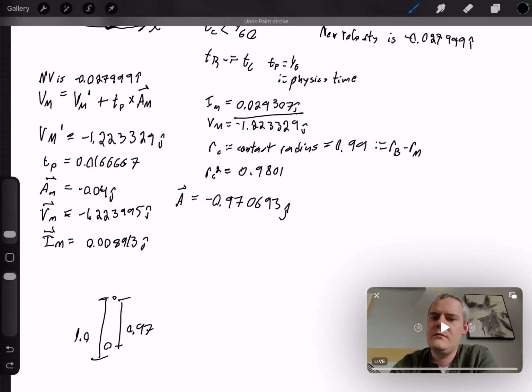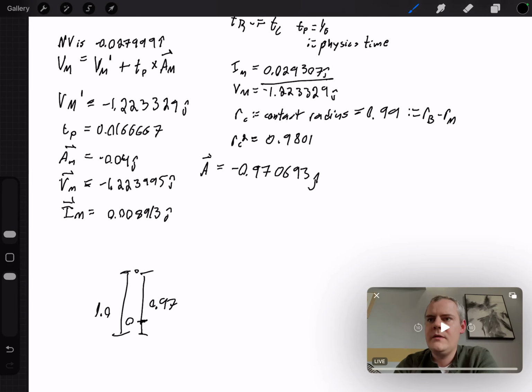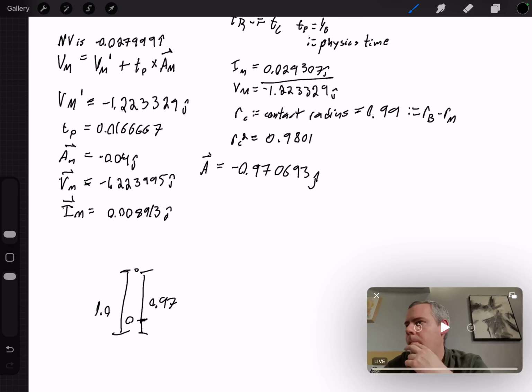This value meant, is that the marble position or the marble distance from the center? No, it has to be the... Yeah, the marble radius is not yet considered. This is just talking about the 1 meter radius of the ball.